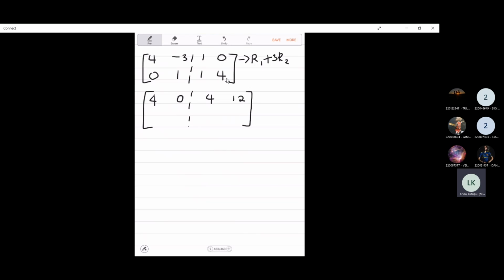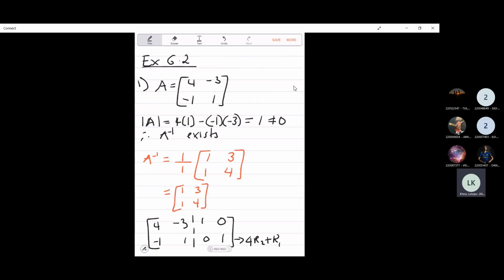Then the second row doesn't change: 0, 1, 1, 4. Then this one here has to be a 1, so I can divide everything by 4. So now I have 1, 0, 0, 1, and then I have 1, 3, 1, 4. So my A inverse is equal to 1, 3, 1, 4. Okay, and that is exactly what we said it would be.